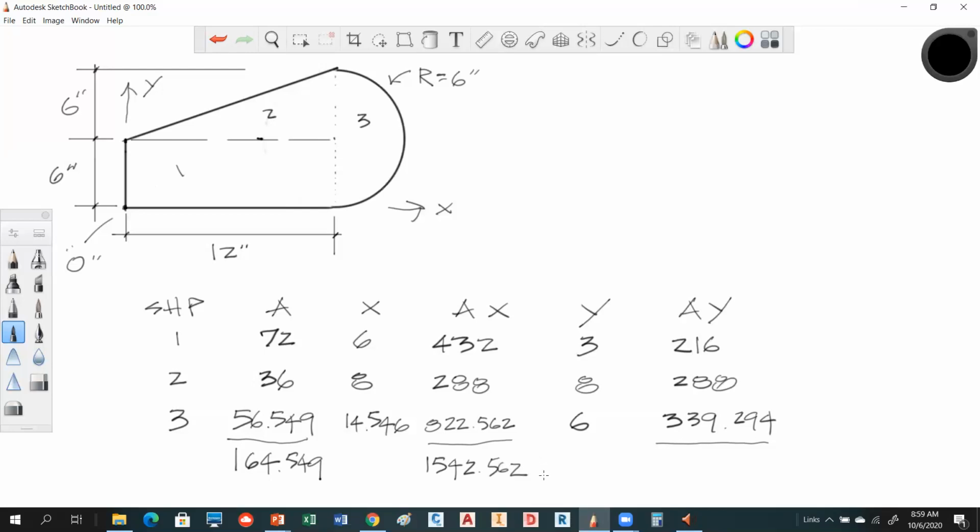And then the last one, 216 plus 288 plus 339.294 is 843.294. Is everybody getting those numbers? We all right?